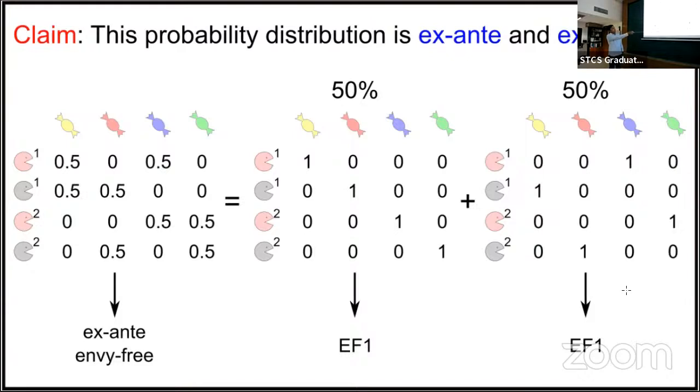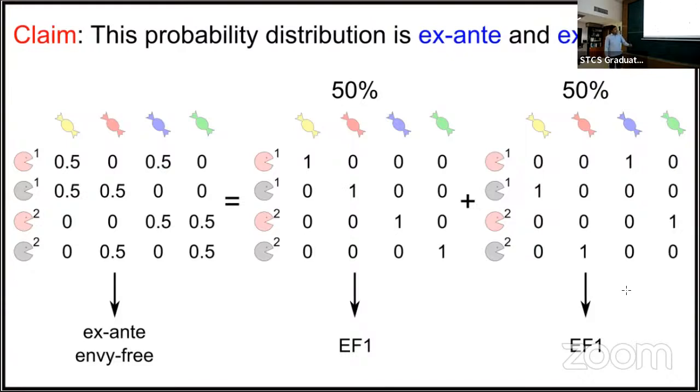Well, every permutation matrix, you can interpret it as an allocation. Why? Because every item is going to exactly one agent. There's only one in every column. So you can think of it as a valid allocation, right? And these coefficients are probabilities, right? So you can interpret this object on the right hand side as a distribution over deterministic allocations.